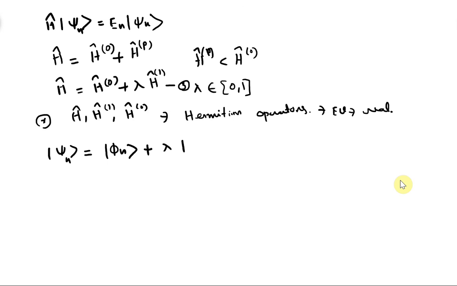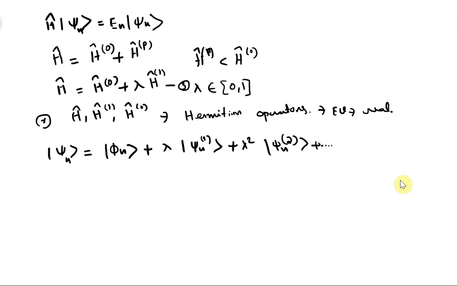Okay, so that term is lambda, another one is lambda. Now we don't have phi, what we have is psi n 1, first order correction, plus lambda square into psi n 2, etc. So we will not be going beyond this lambda square, we will always stop it here.